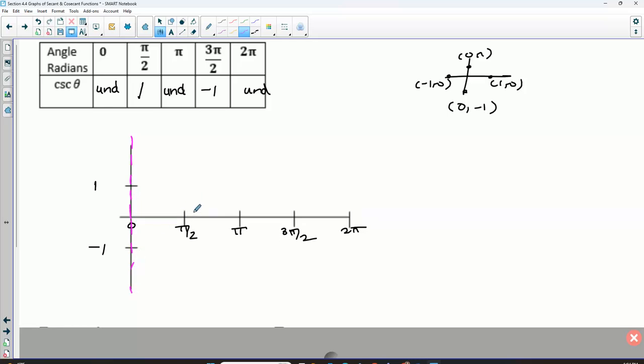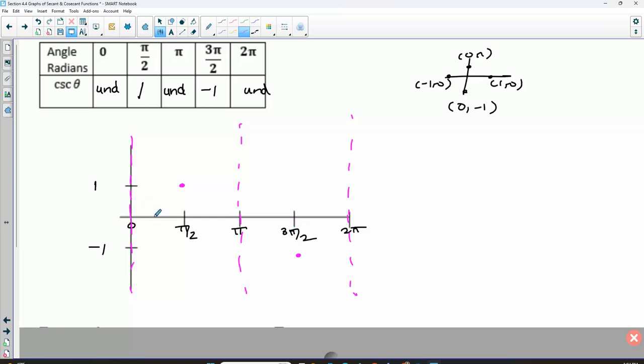Okay, pi over 2 is 1. Pi is undefined. 3 pi over 2 is -1. And 2 pi is undefined. Kind of hard to really tell what's going on there.